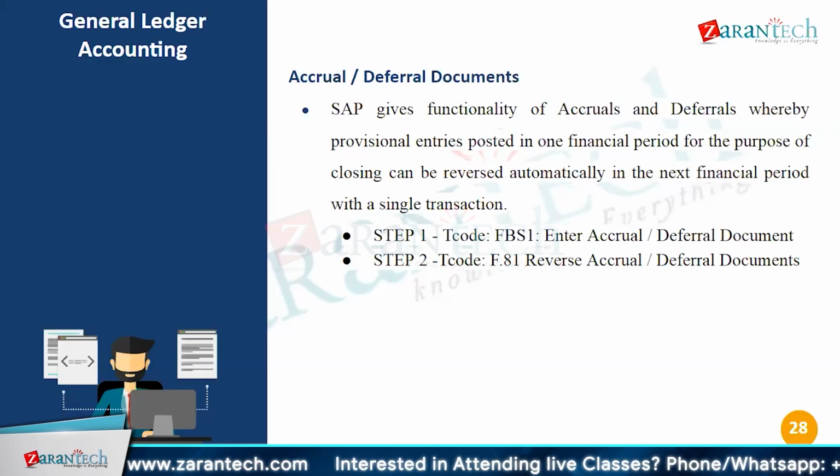Okay, so can someone tell me what an accrual or a deferral document is in finance, in accounting? Could be sales accrual and payment deferrals. Give me an example, please. For example, sales from this month, some of them are accrued and can be reversed the next month.